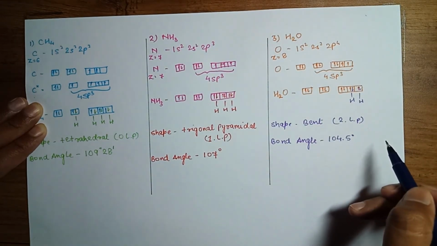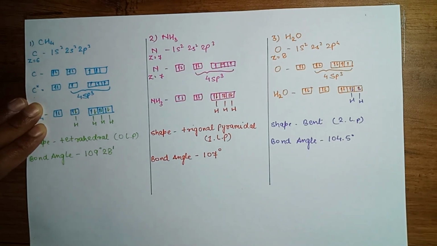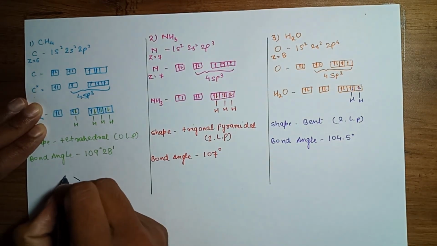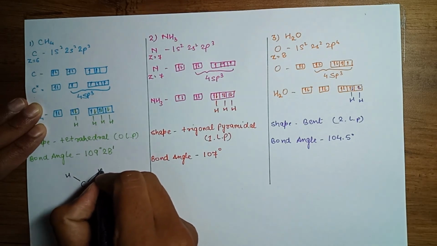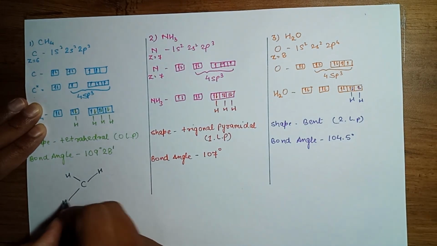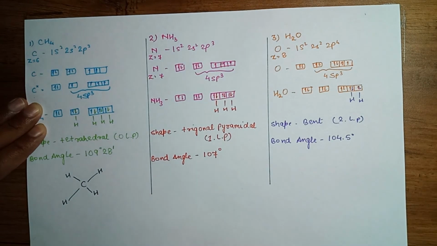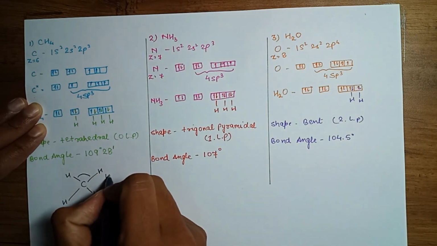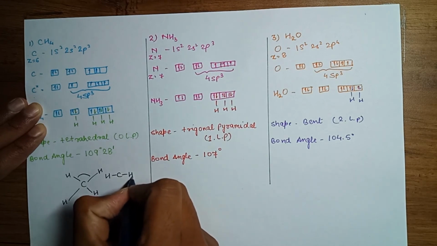Now let us see the shape and how you define the bond angle. For methane, it is somewhat like a tetrahedron. I'm not good at drawing, still trying. The bond angle which I said is 109 degrees, it is this one, the HCH bond angle.